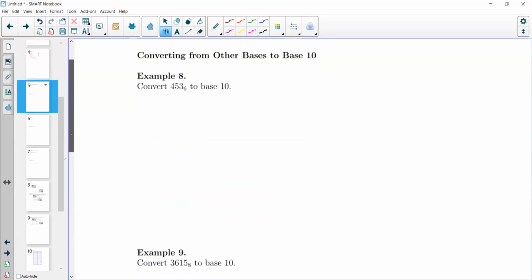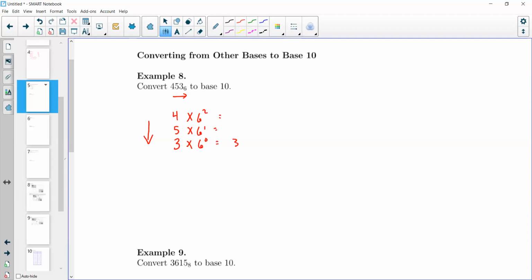Okay, now we're going to look at converting from other bases to base 10. Same process. Going across, go down. 4, 5, 3. We're doing base 6, so that's times 6 to the 0, times 6 to the first, times 6 to the second.